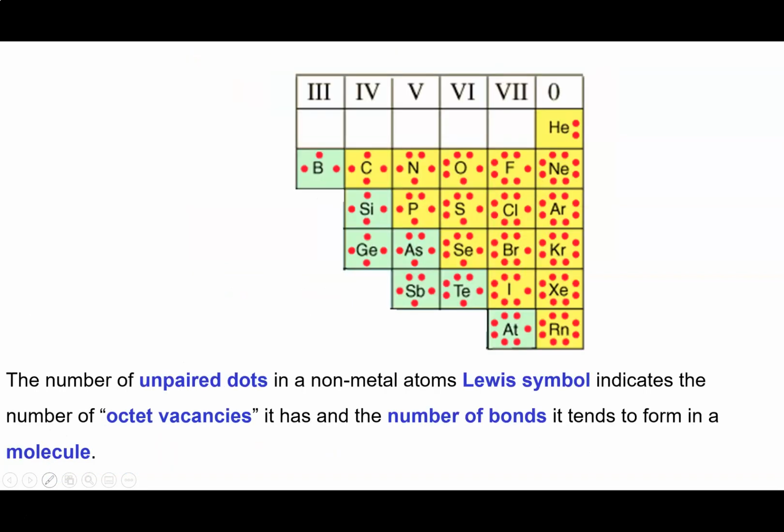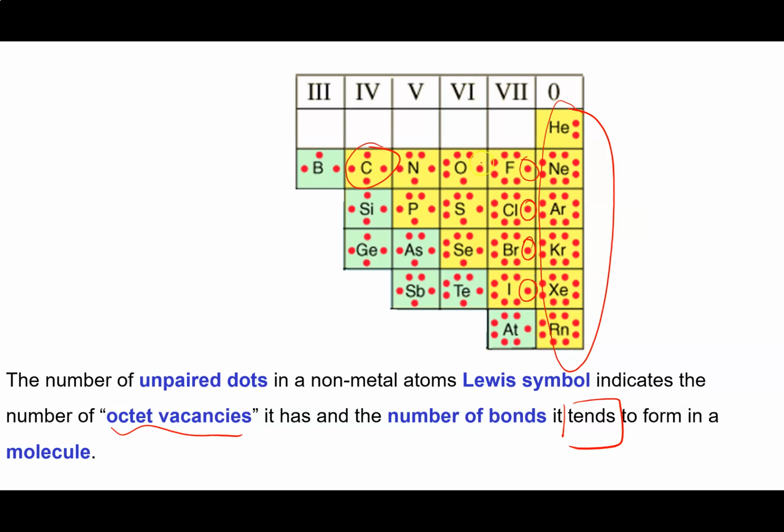So what's interesting about this is that the number of unpaired dots that a nonmetal has, and nonmetals in this case are indicated in yellow, indicates the number of what we call octet vacancies, which is the number of bonds that that atom tends to make. So these guys in group 8A have no unpaired dots, so they don't tend to make bonds. The elements in group 7A all have 1 unpaired dot, and they all tend to make 1 bond.